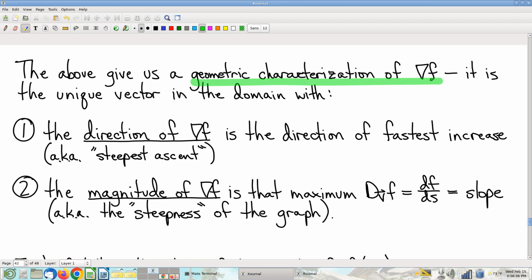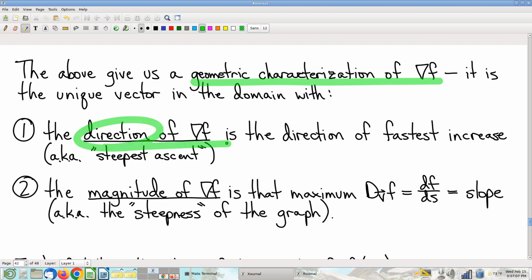Let me remind you, what have we been doing with the gradient so far? The gradient has been a notational convenience, a shorthand for writing down all the partial derivatives. It's been an algebraic tool, the thing that you dot with to compute certain things, an entirely algebraic object. And now we have a way to think of it geometrically.